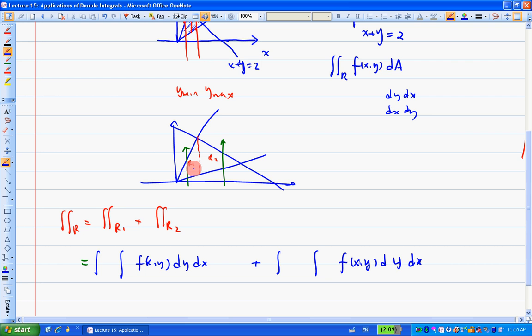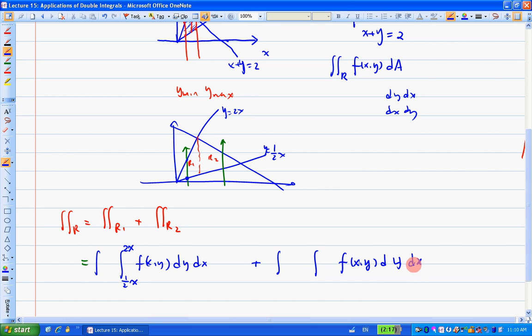For the region R1, the y min is here. So this is half x, right? This is 2x. So that means for this R1, the min here is half x. And the max for R1 is on this line here. So y should be 2x.